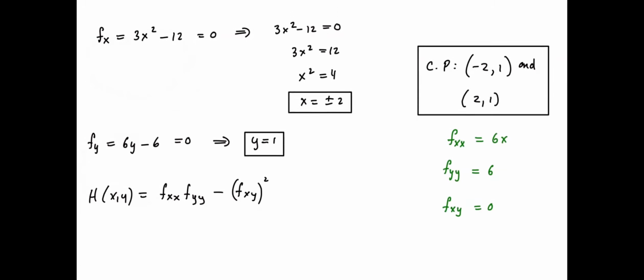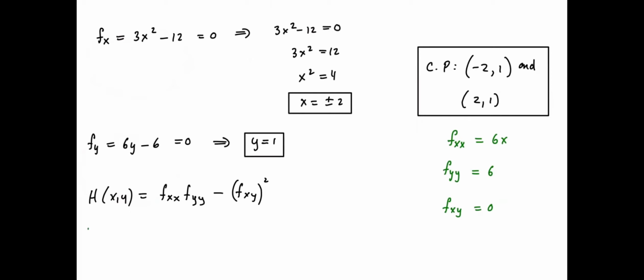All right, so let's go ahead and try the Hessian for the first point, (-2, 1). So I'm going to test what our Hessian is at the point (-2, 1). You have 6 times x, which is -2, times f sub yy, that's 6, minus f sub xy squared, this is 0.